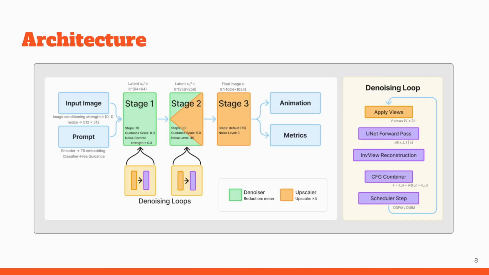We apply multi-view denoising where different transformed views of the same image are processed simultaneously. The noise predictions from all the views are aggregated into a single update direction, ensuring consistency across all the views.